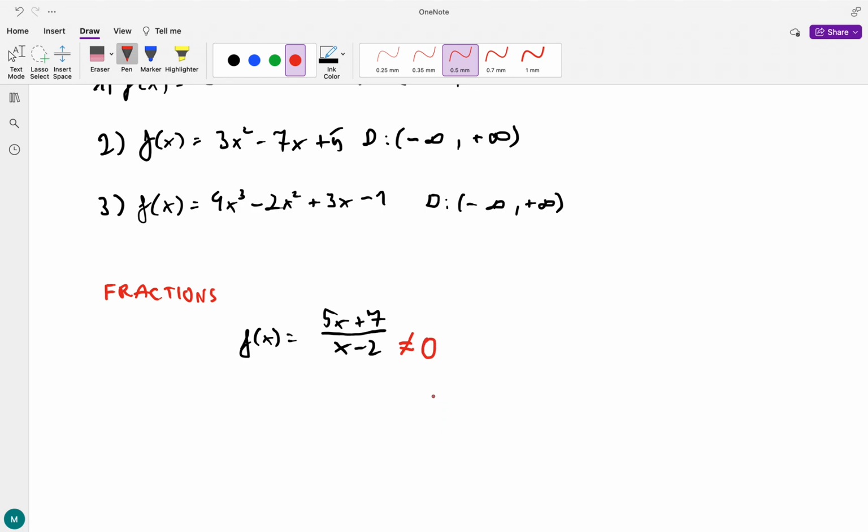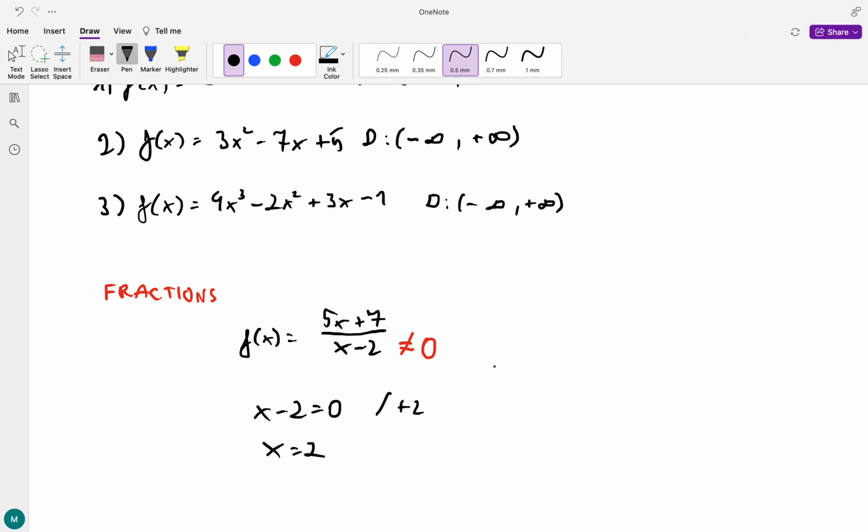So how do we find the domain? Well, we basically set an equation that x minus 2 is equal to 0, and we solve for x. So let's add 2 to both sides, and we find out that x equal to 2 will make this function undefined.